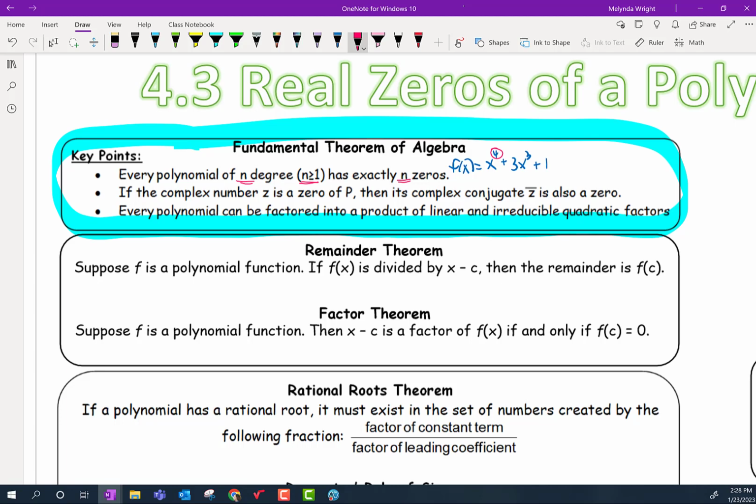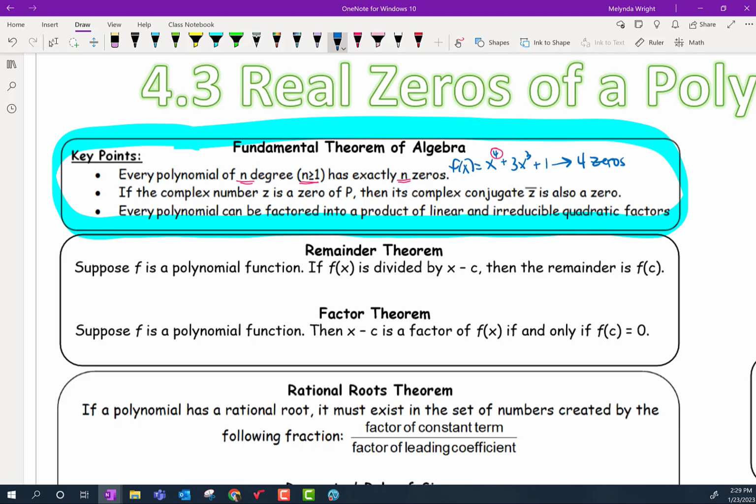That means I am going to have 4 zeros. It tells me how many answers I'm going to have. So that's what the first bullet point is talking about.